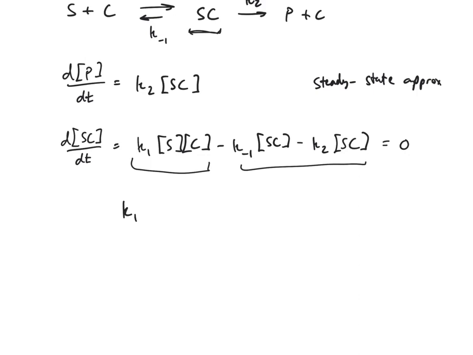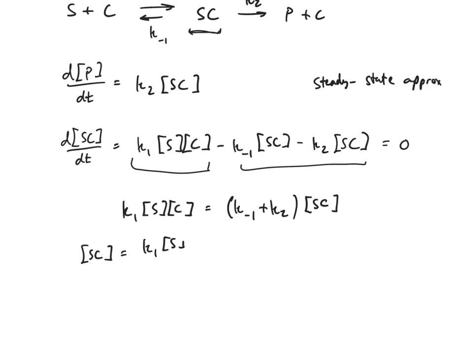And that result becomes k1, concentration of S, concentration of C, is going to equal k minus 1 plus k2 times the concentration of SC. All right? Which is going to give us a concentration of SC by dividing both sides, k1 S C over k minus 1 plus k2, like so.